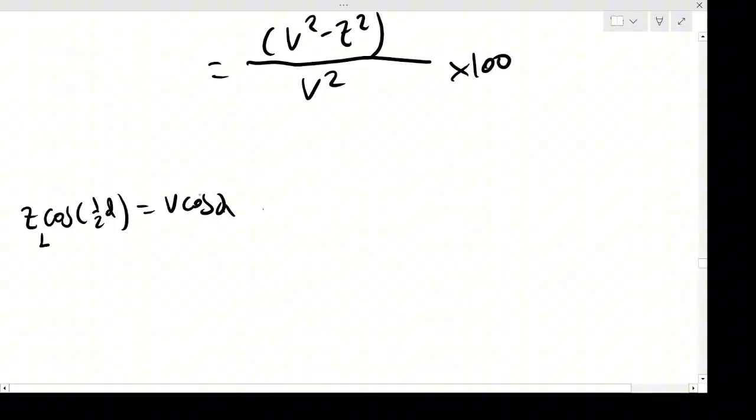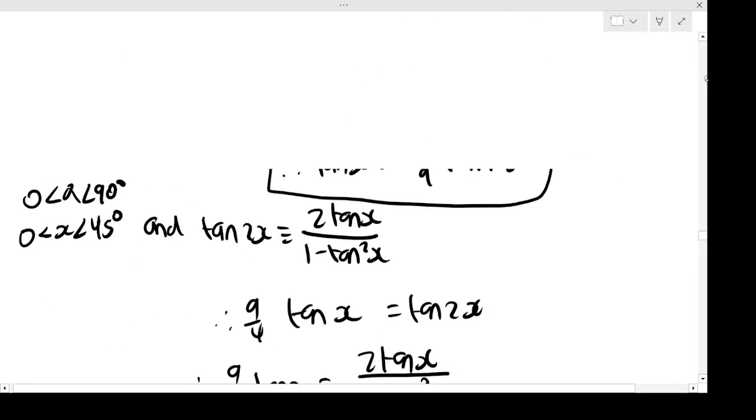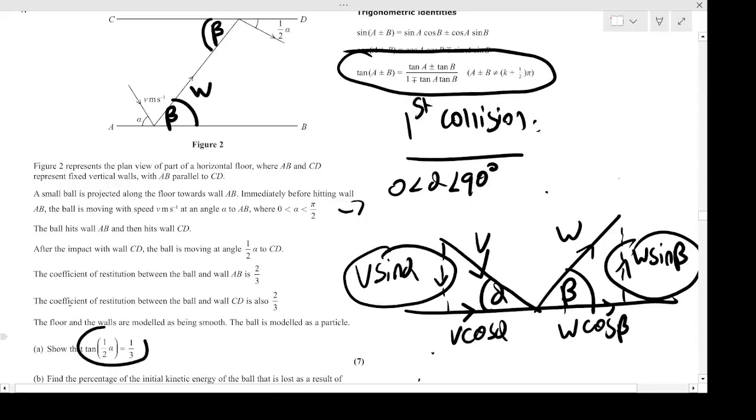Now obviously I've got z in terms of v, but I'm going to need to find cos alpha and cos of a half alpha, right, to simplify this equation. How am I going to do that? Well, if I look back at the question, what did they ask me to do? Firstly, they wanted me to show that tan of a half alpha is a third.